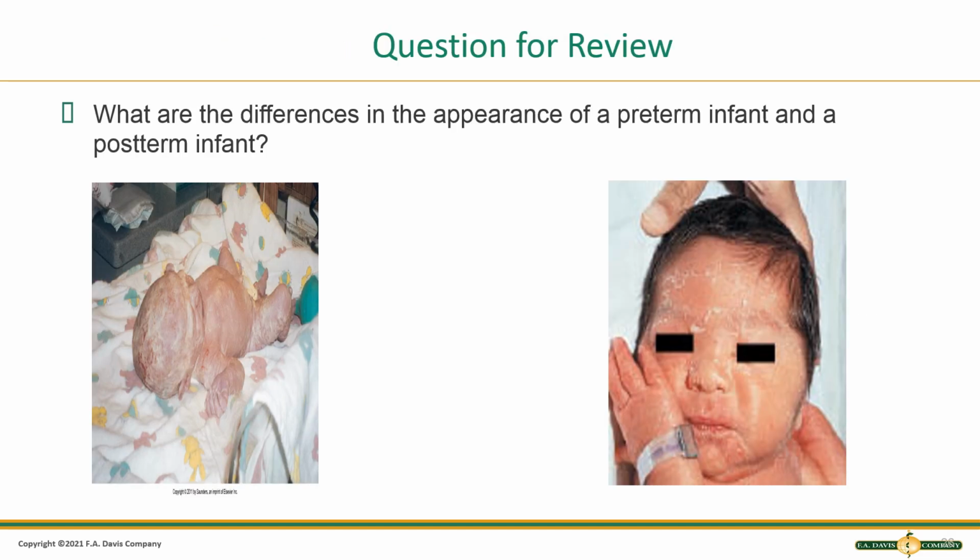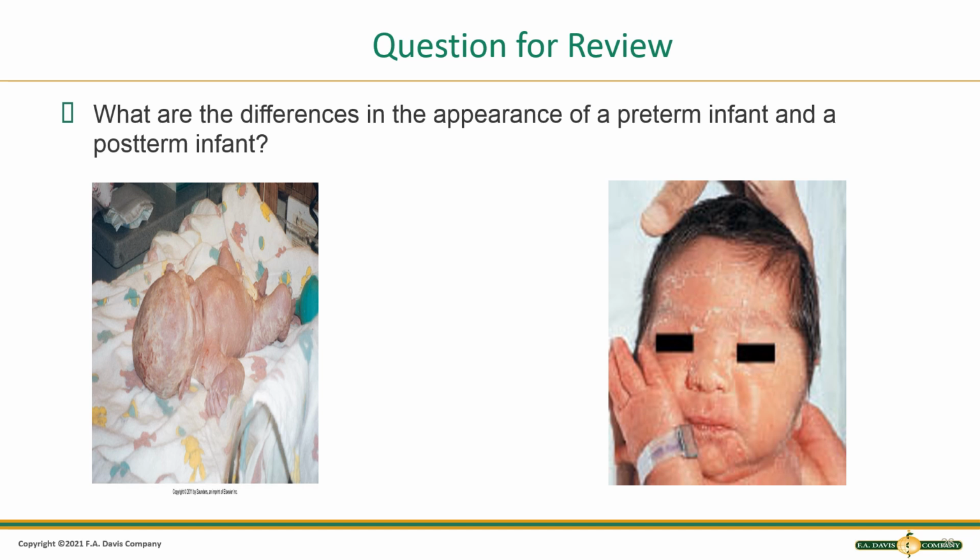So let's look at this question for review. What are the differences in the appearance of a preterm infant and a post-term infant? So we know that a preterm is less than 37 weeks. The skin is transparent and loose.